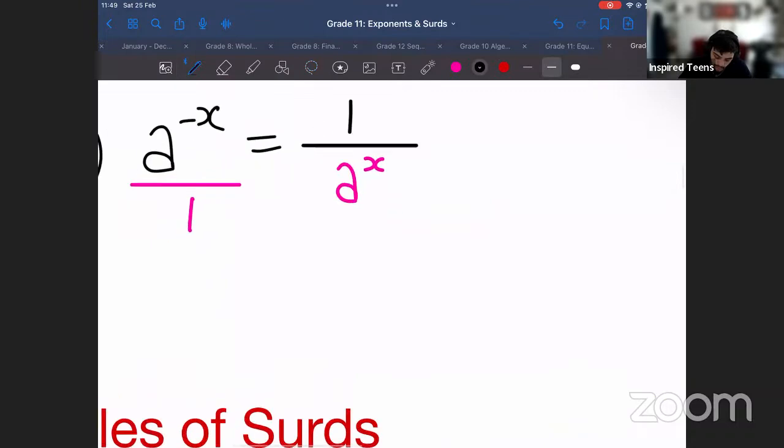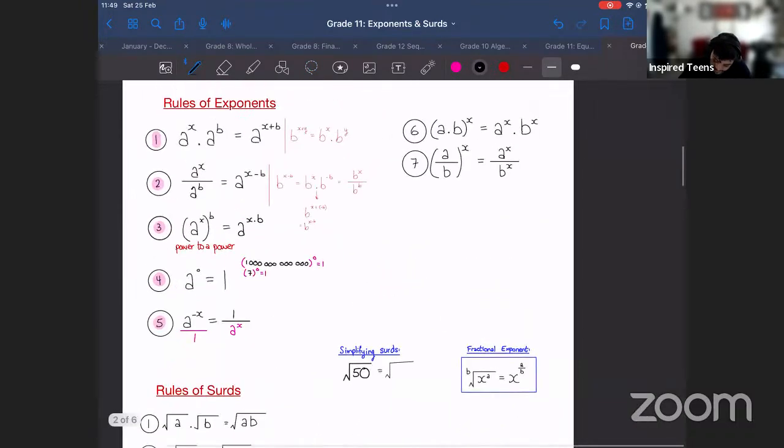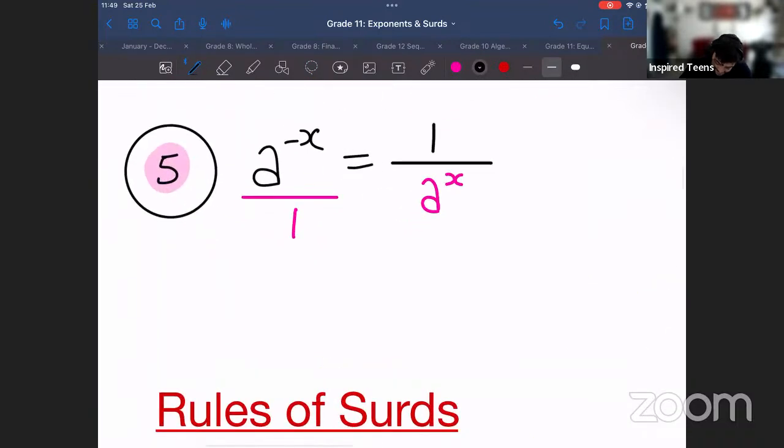Okay, so if I just had to have this, right? If I had this, I want all of them to be positive. So basically the negative ones, I just flip them.